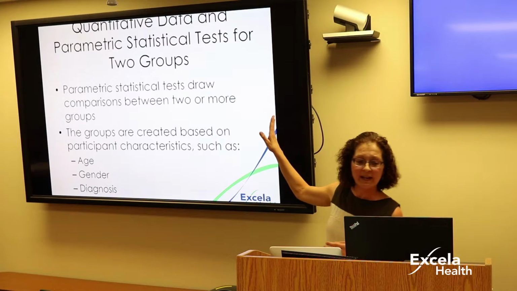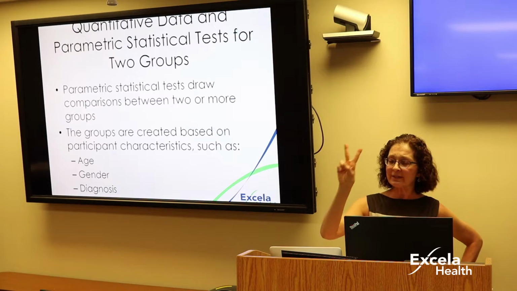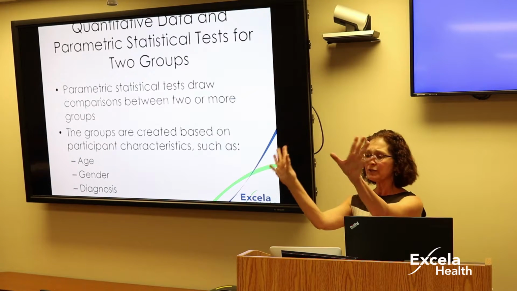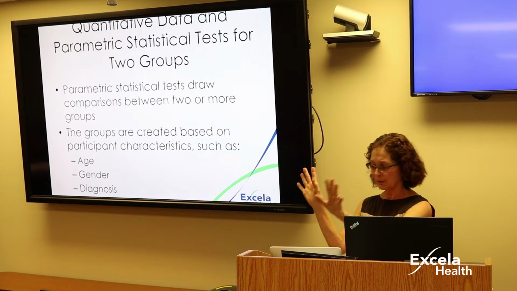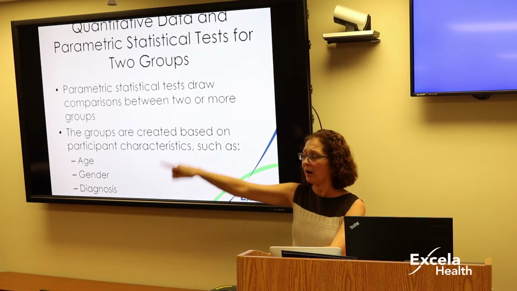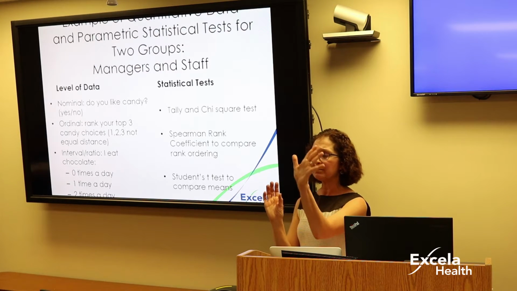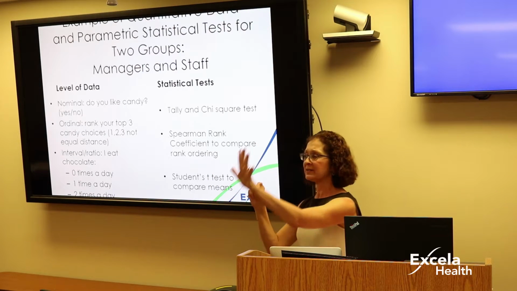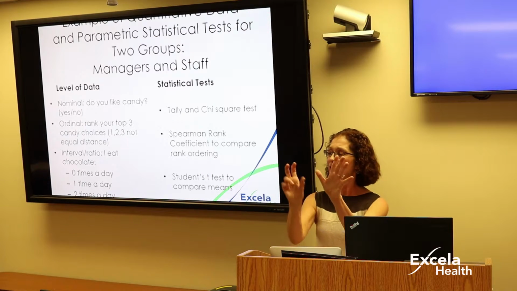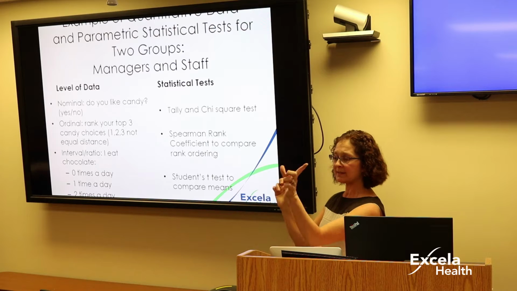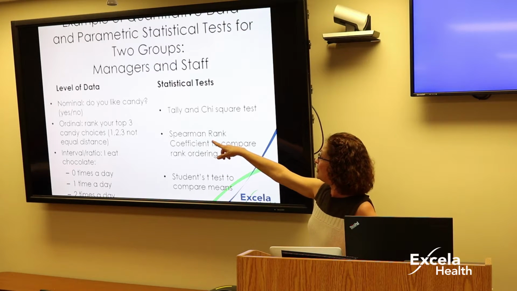Okay, quantitative data, parametric statistical tests for 2 groups. So you now want to draw comparisons between 2 groups. If we had you all in a group and we gave you that again, we could divide you into managers and educators, or manager, staff, educators, like that. So you would have 2 groups of people. Now we have something to say about those 2 groups. Do you like candy?